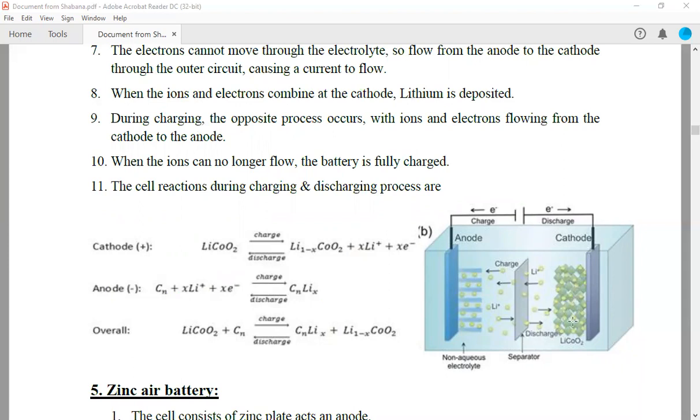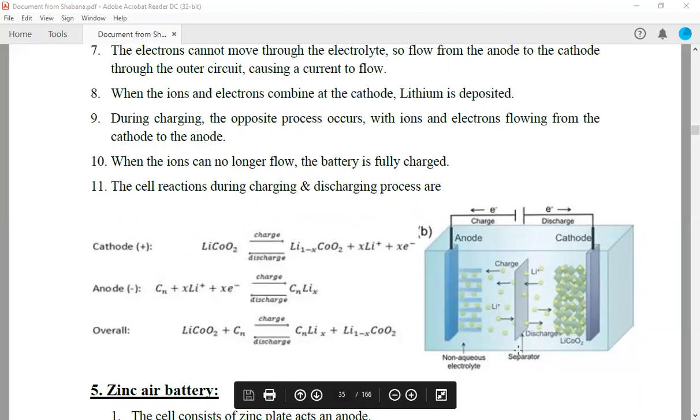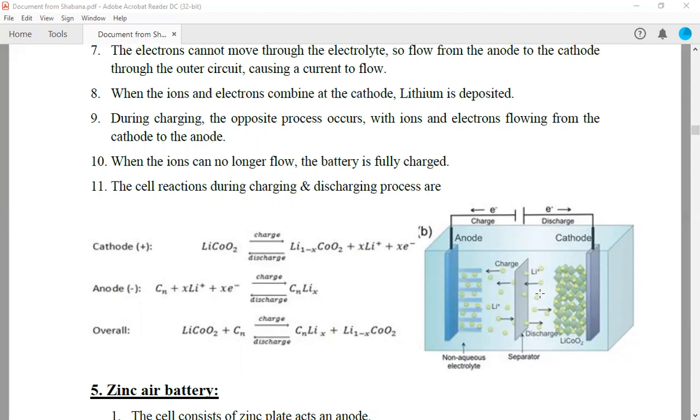During the charging process, the process is reversed, with ions and electrons flowing from cathode to anode. When the ions can no longer flow, that means the battery is completely charged. It is full of charge.